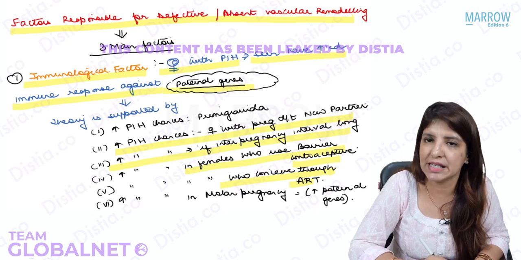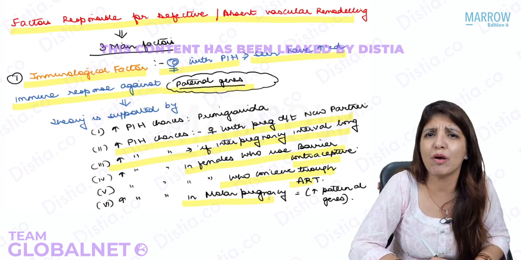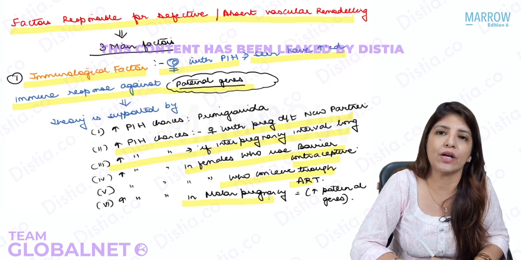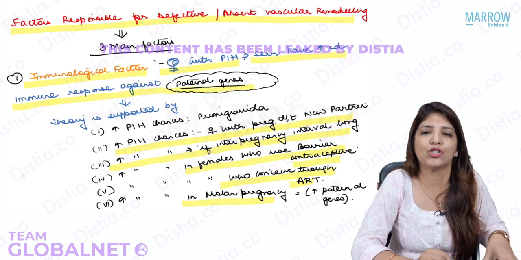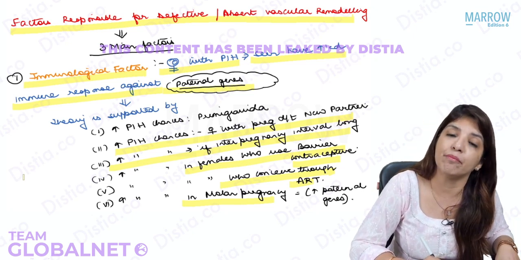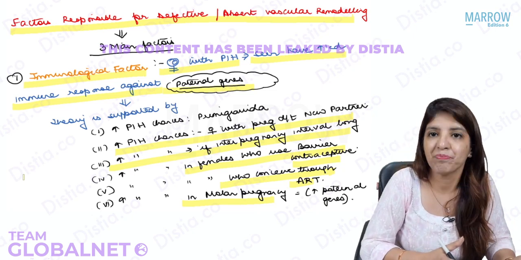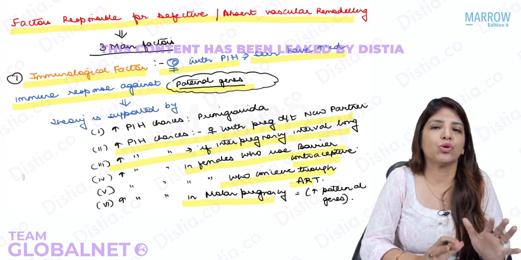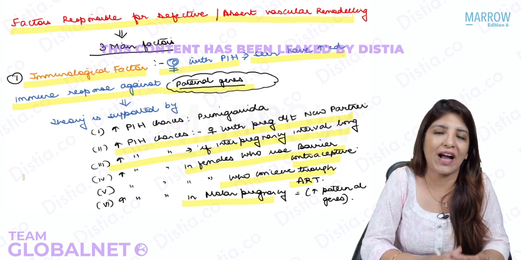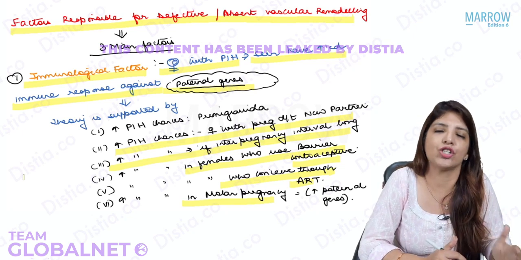And in molar pregnancy, there are increased paternal genes. A partial mole is triploid and the extra genes are coming from the father. And a complete mole is diploid and the entire genes are coming from the father. So that is why this theory is there, that one of the factors responsible for abnormal vascular remodeling is the immunological factor.